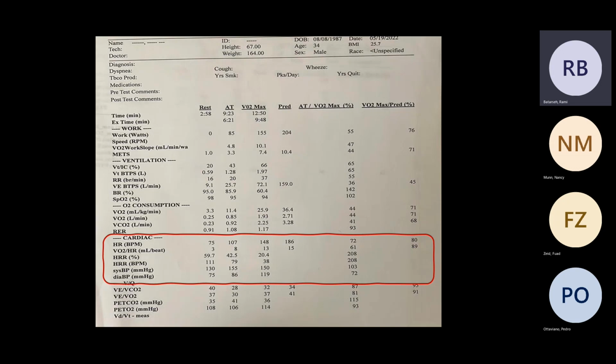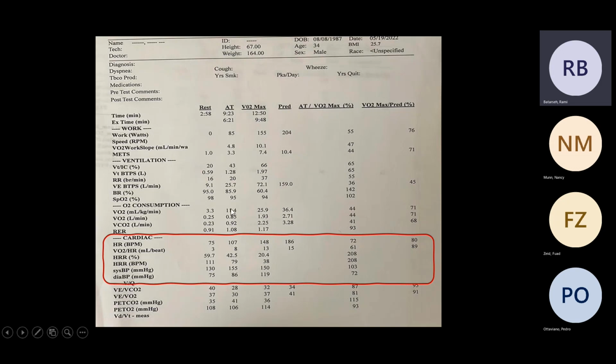Okay? Can I add a little comment? Yeah. So here in this patient, the VO2 at the anaerobic threshold was 11.4. For some reason our system doesn't divide this over this; it divides by this, and this is not what it should.